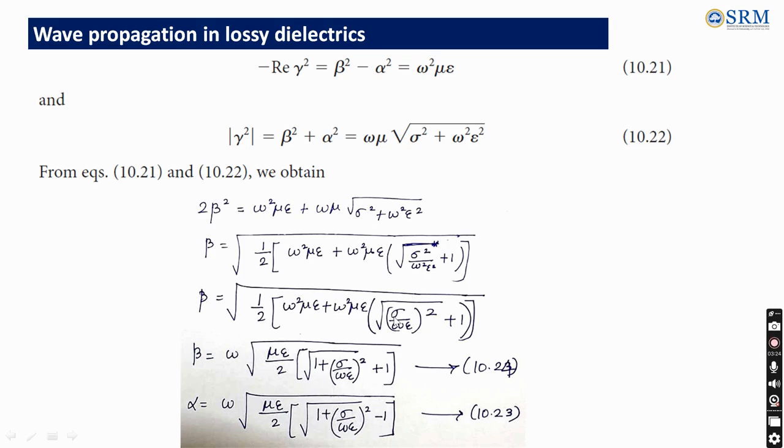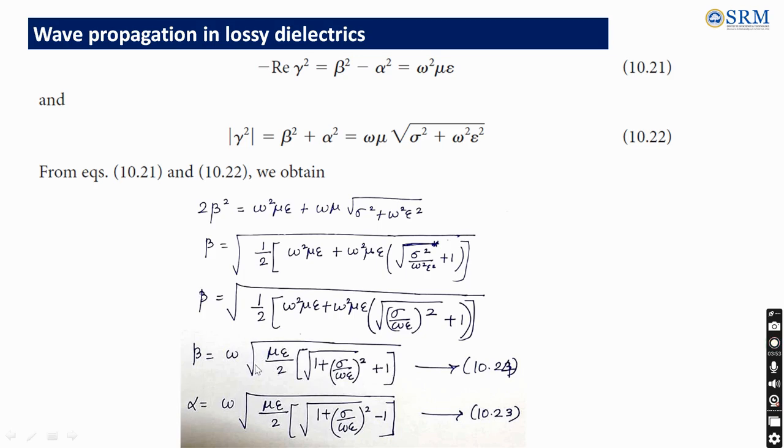So here I'm going to write in a different way so that I can take this omega out of the root, and mu epsilon I'm going to take as common from these two terms. So mu epsilon by 2 into root of 1 plus sigma by omega epsilon the whole square, outside the inner root, plus 1, but it will be within the larger root.